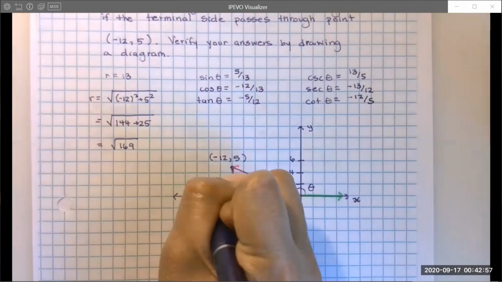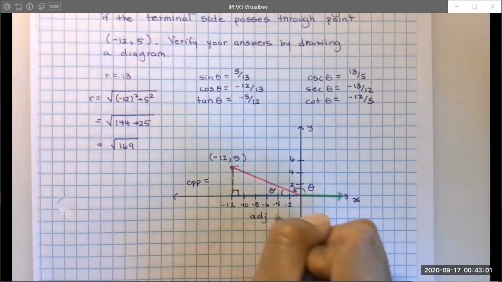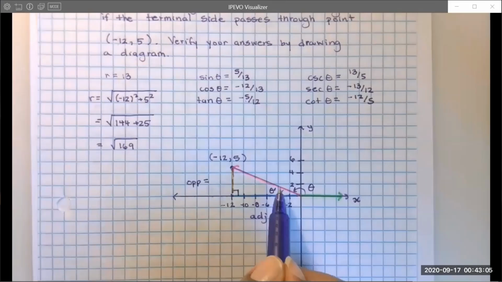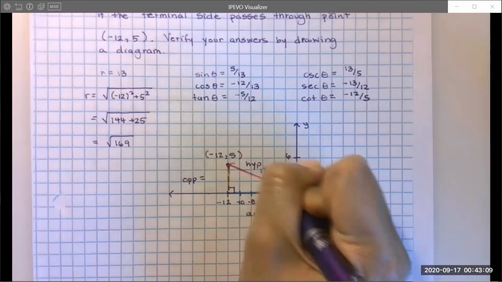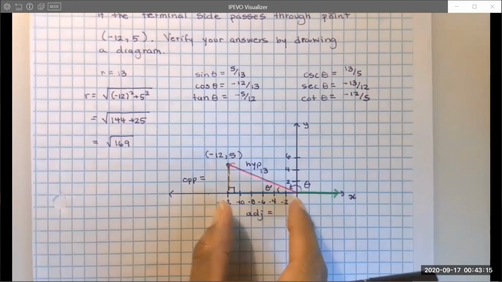This is the adjacent side, and hypotenuse is this r, which we've already found to be 13. So I'm just going to label it right away. Okay, that's the hypotenuse.